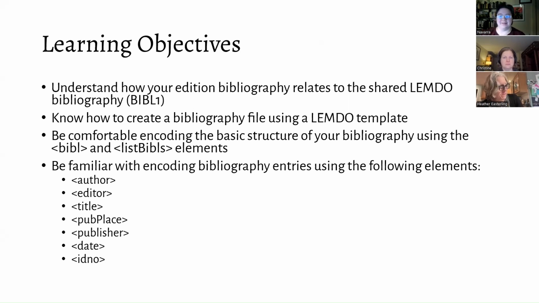It's a good skill to have in general, but especially for those bibliography files. You're going to become comfortable with the file structure of your bibliography using the div, the bibl, and the list bibl elements. And then we're going to get a bit more into the nitty-gritty and talk about a few specific elements that you can use to encode a full bibliography entry.